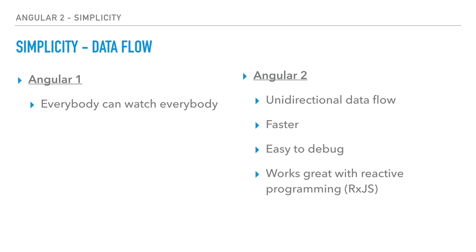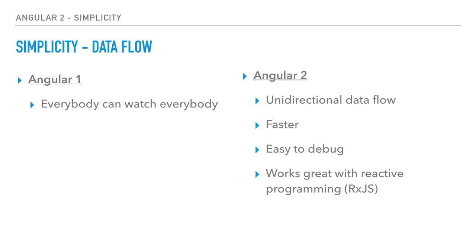Continuing with the simplicity. In Angular 1, we have the famous scope variable and the root scope, and everybody can watch everybody. This breaks the separation of concerns. Then it has a problem of the digest cycle, and in the end, we can agree that it's a little bit spaghetti code. It was the option provided in Angular 1, and we have been dealing with this for a long time.